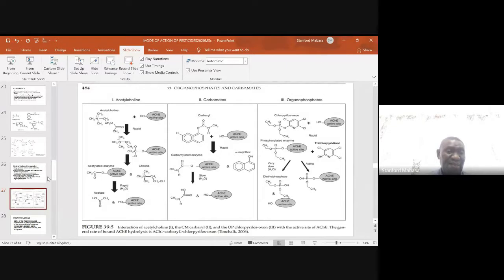Here, the enzyme is quickly freed. So this is the situation without a pesticide, where we just simply have acetylcholine. Then we can substitute acetylcholine's role with the carbamates or with the organophosphates.